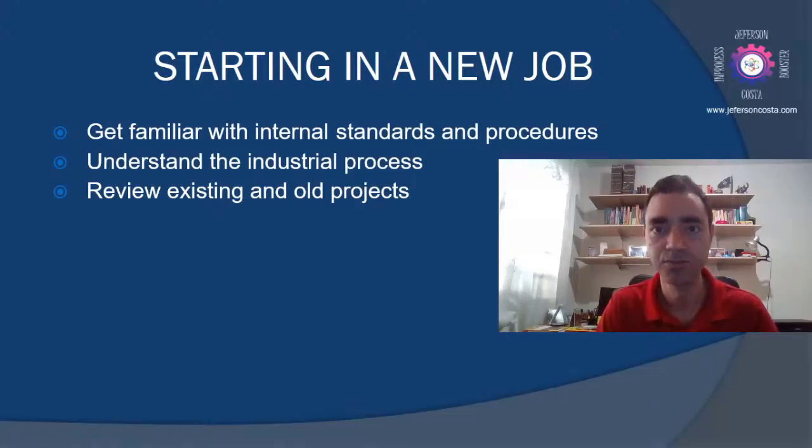And we need to be very, very familiar with the pipe instrumentation diagram, because any changes that you suggest in the process must be marked in the pipe instrumentation diagram, and it needs to reflect what we have in the field.